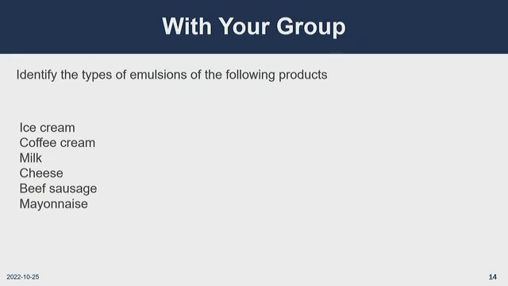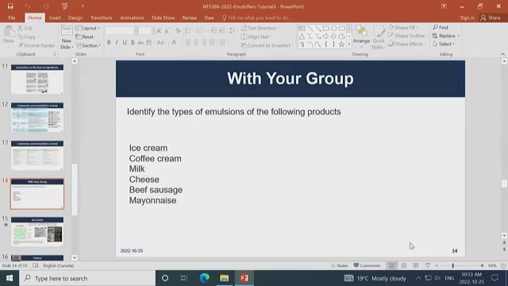Here, in a group, or you can work alone if you want, I want you to identify the type of emulsion of the following products. Ice cream, some are easy. Ice cream, coffee cream, milk, cheese, beef sausage, and mayonnaise. I forgot chocolate, so instead of cream cheese, I would write chocolate.